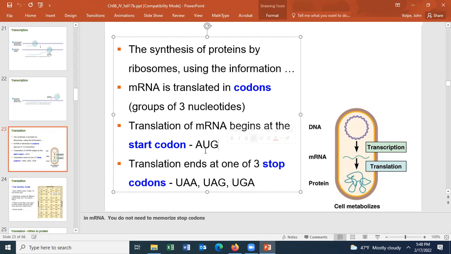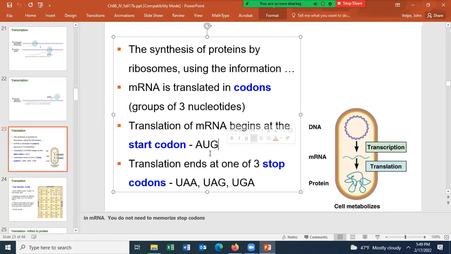And if that protein doesn't want to start with methionine, the cell will have to remove the methionine from that protein. But all proteins, when they're made, always start with methionine because AUG codes for methionine.